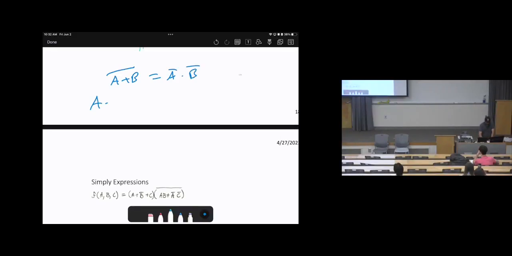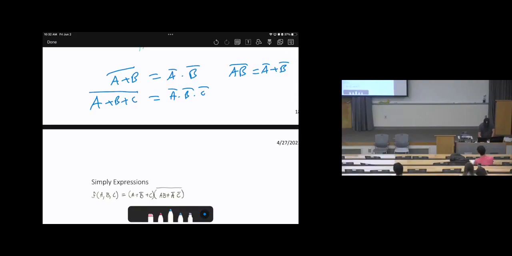How about if we have A plus B plus C, all bars, it will be A bar times B bar times C bar. How about AB, all bars, it will be A bar plus B bar. Just make the opposites. When you put the bars above the letters, keep in mind to convert. Any addition will be multiplication, and multiplication will be addition.